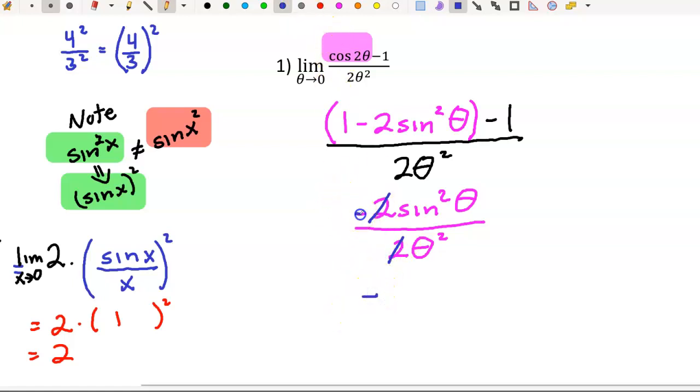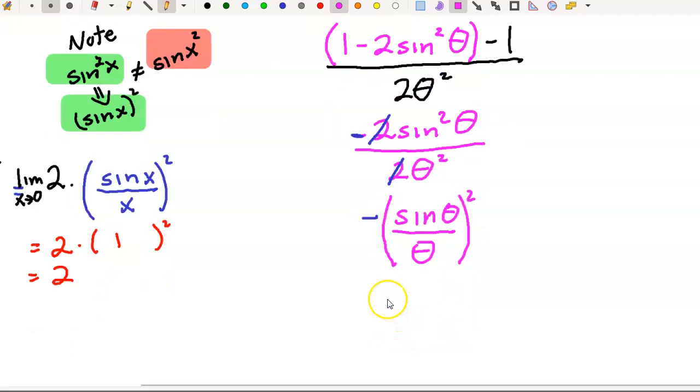And we're left with that negative. And then we have something very similar to what we just did on the other side. So if we want to, I can combine these. And then when we take the limit, we'll end up with 1, which is squared, of course, just equals 1.